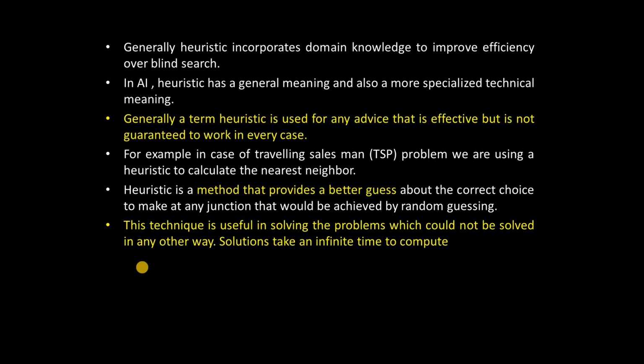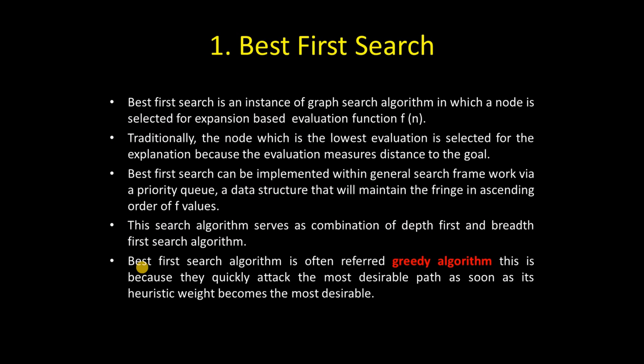There are different examples of informed search strategies. We are discussing the algorithms of best first search, hill climbing, A-star search, and simulated annealing, these four concepts here.